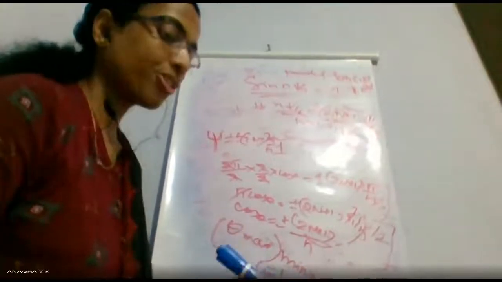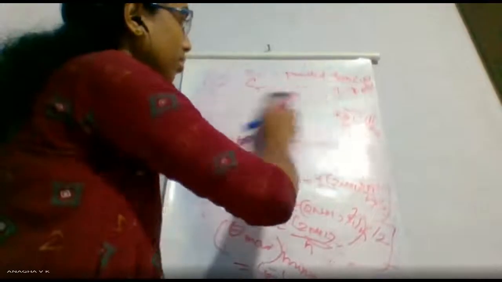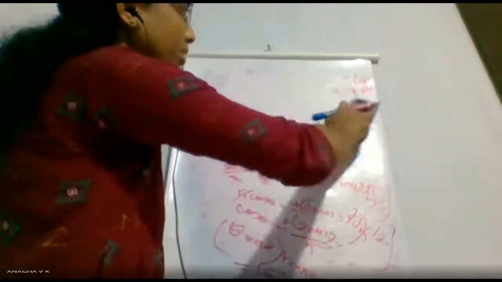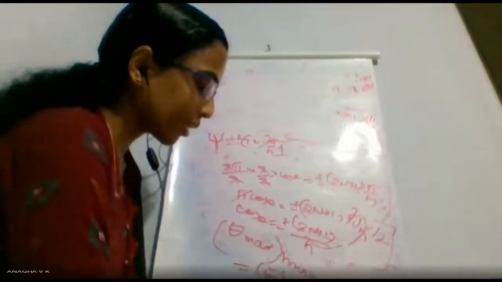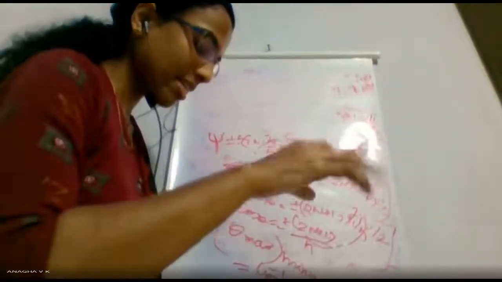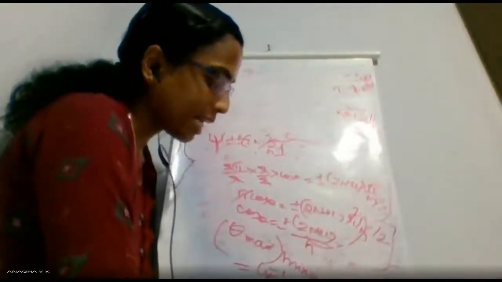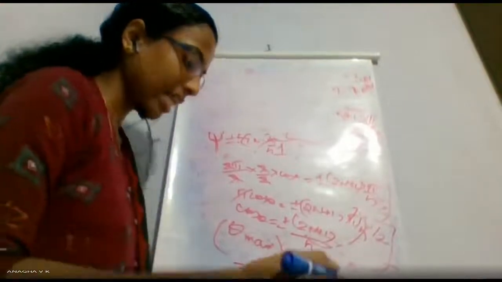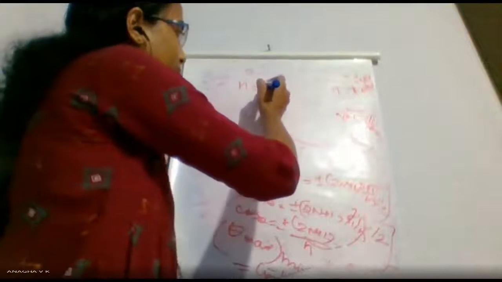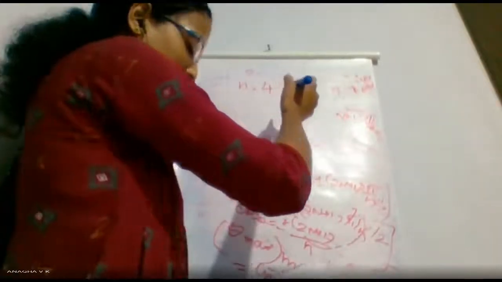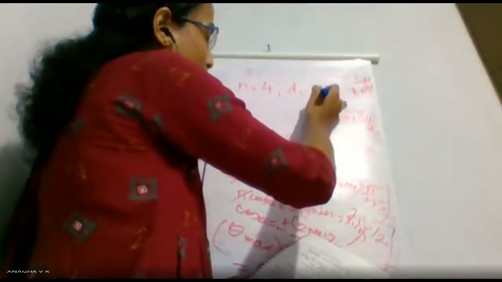We take one special case to find approximately where the value comes, because there are two unknowns, capital N and small n. So we take the value of capital N as 4, and d equal to lambda by 2.